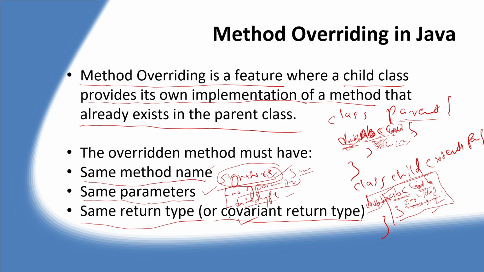I will write here: covariant means same or one size lower return type. The same we have seen, right? If you are using double, that means in the child class also we need to use double. What does it mean, or one size lower?